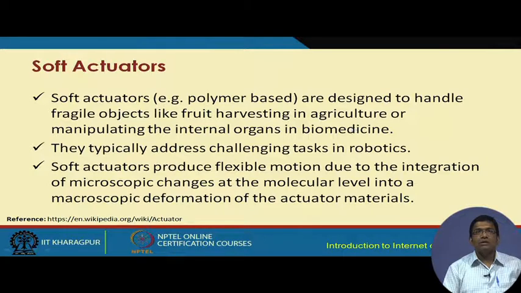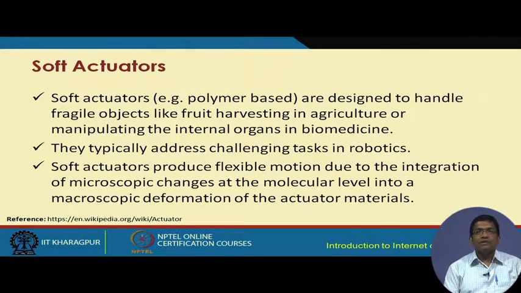There are different soft actuators which are polymer based and are designed to handle fragile objects, like fruit harvesting in agriculture, or handling internal organs in biomedicine, and typically these are used in robotics.